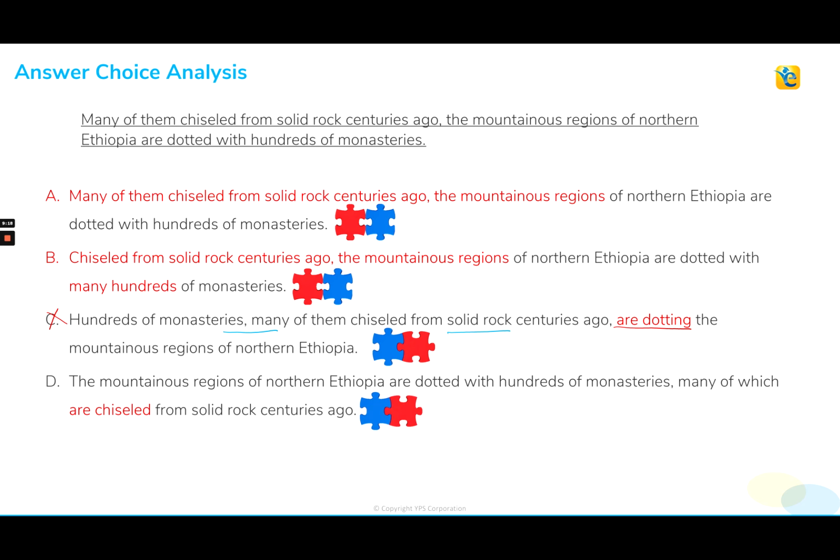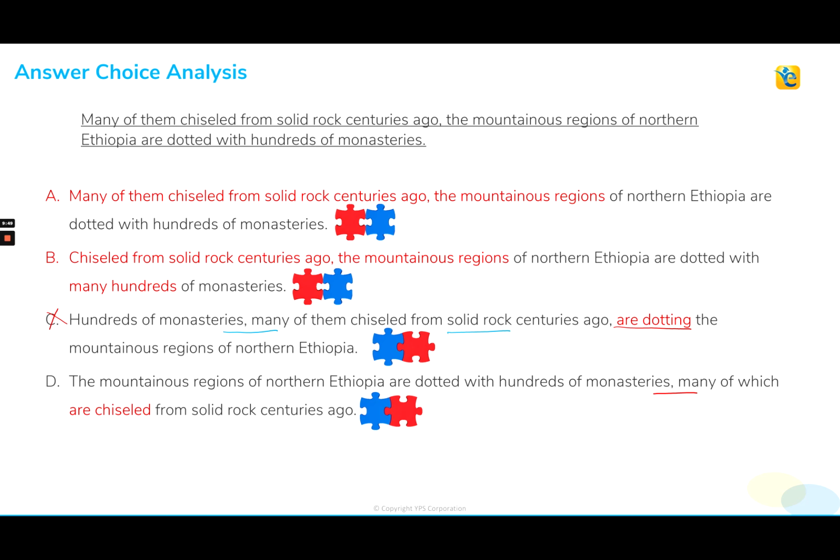Once again, choice D logically says that it is the monasteries that are chiseled. You see, this choice actually changes the structure the way we did it during the error analysis. The opening modifier has now been placed after hundreds of monasteries, which is absolutely fine. But once again, it is the verb that is making my sentence incorrect.